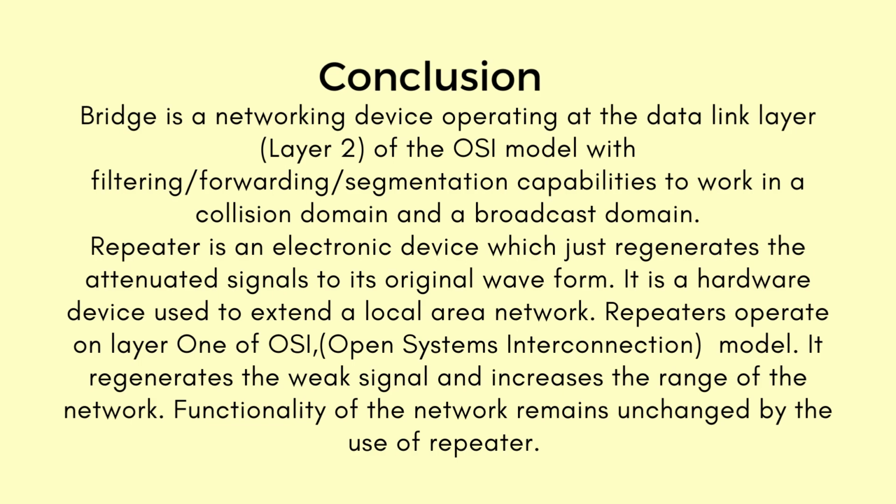It is a hardware device used to extend a local area network. Repeaters operate on layer 1 of the OSI, Open Systems Interconnection model. It regenerates the weak signal and increases the range of the network. Functionality of the network remains unchanged by the use of a repeater.